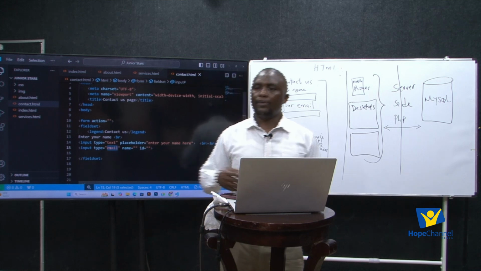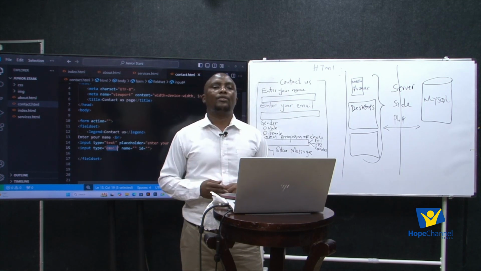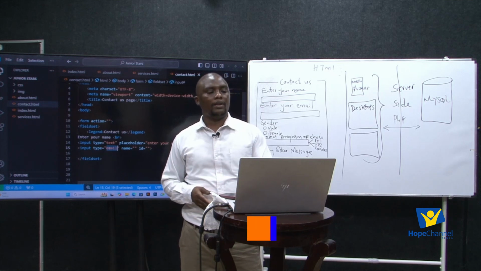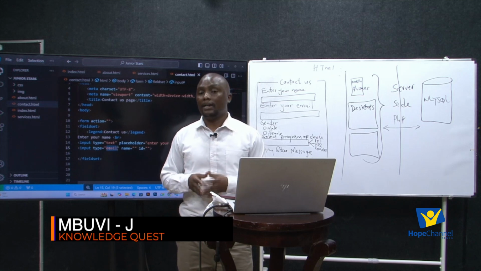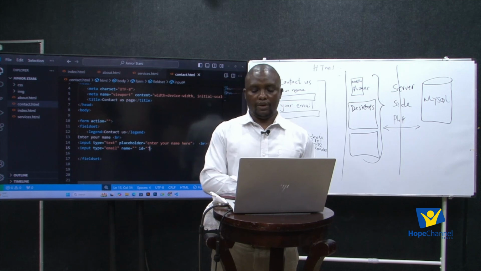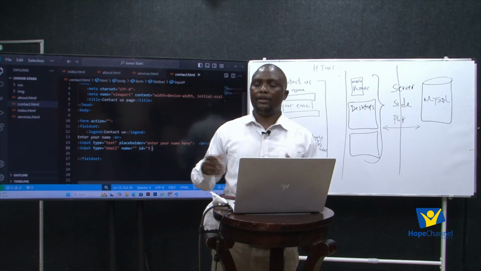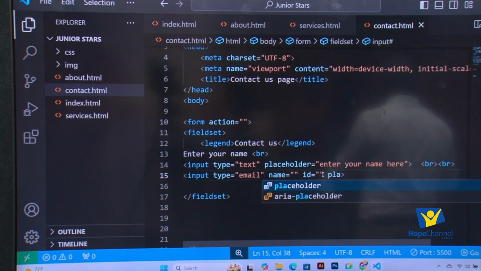But later when we will be learning the server-side processing languages, then you realize that definitely we will need to use the name attribute as well as the ID attribute. So for now you can ignore that, but you can go ahead and enter the new attributes, like for example an attribute for placeholder, at least so that the users can understand what is expected of them.